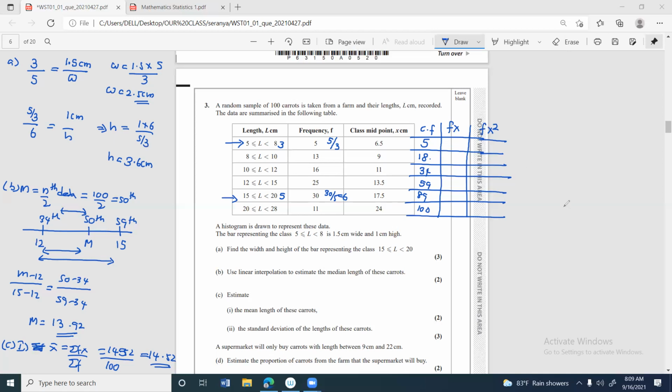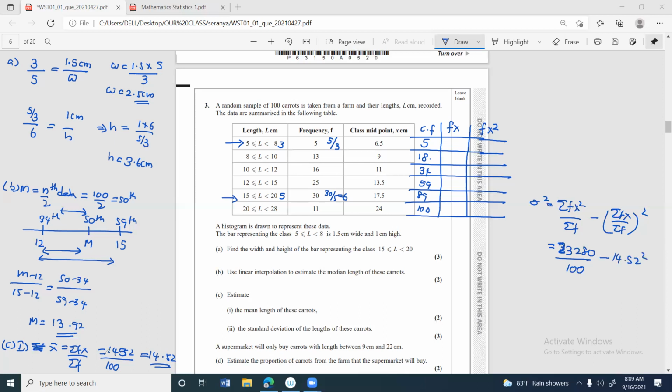Then we can say variance is equal to the summation of fx squared divided by the summation of f, minus the summation of fx divided by the summation of f, whole thing squared. The summation of fx squared we already got, 23,280, divided by 100, minus, if you already found it here, you can straightforwardly put 14.52 squared.